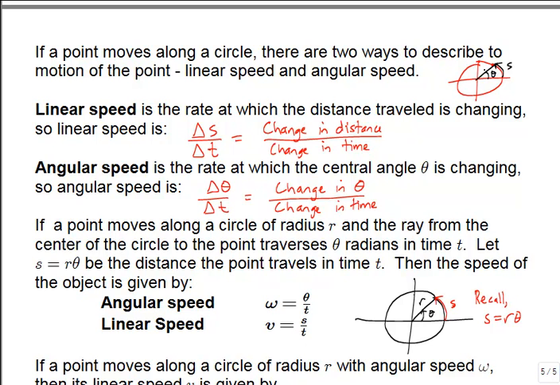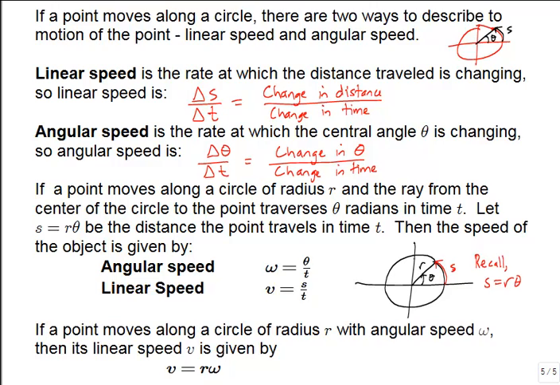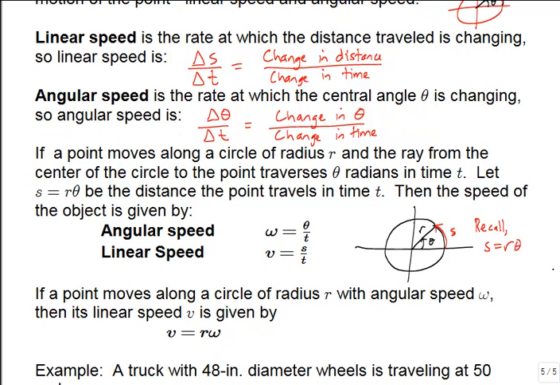Now, if a point moves along a circle of radius r, and the ray from the center of the circle to the point traverses theta radians in time t, we're going to let s equal r theta, that's our arc length, be the distance that the point travels in time t. So again, here's my picture.